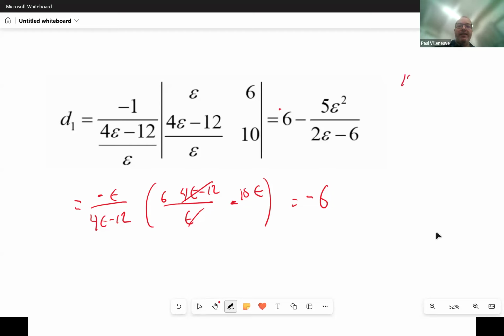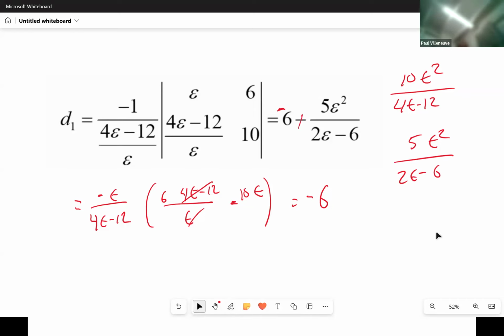So I have 10E squared when I multiply those out. And then I have over 4E minus 12. And then I just divide by 2, right? So I have 5E squared over 2E minus 6. So I got these sign changes backwards, I believe.